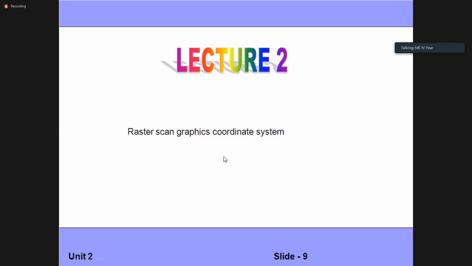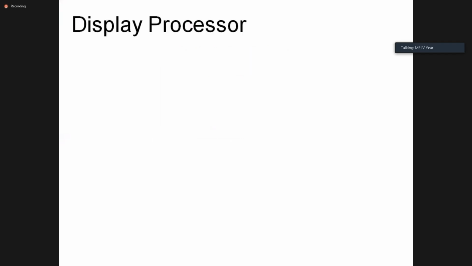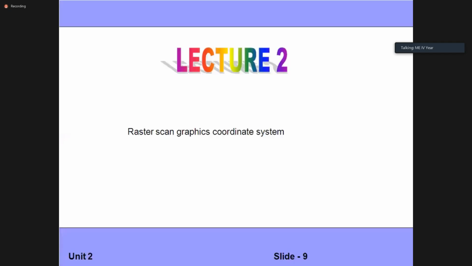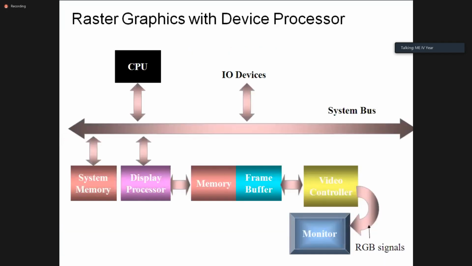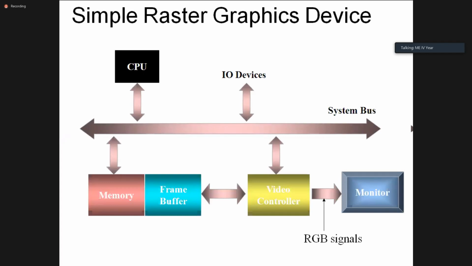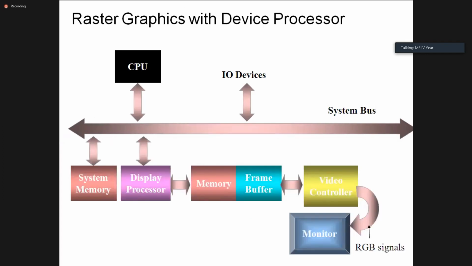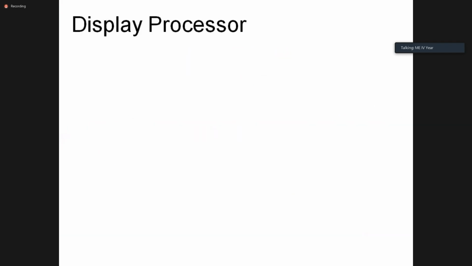Coming to raster scan graphics coordinate system, I already told you there is a display processor. In the previous class, just observe here there is a display processor, simple raster graphics device, and raster graphics with a device processor. So what does the processor do?